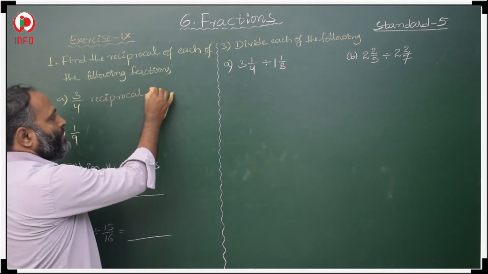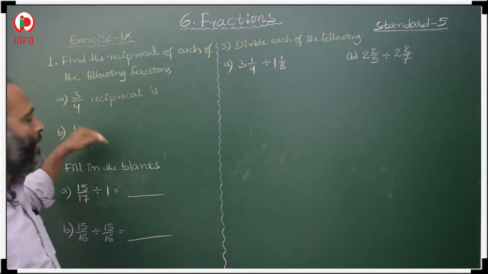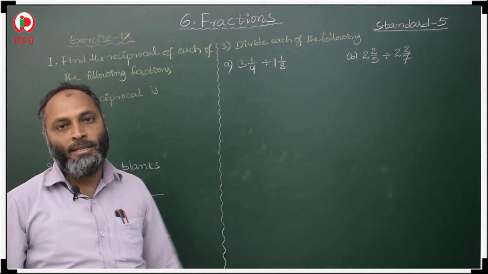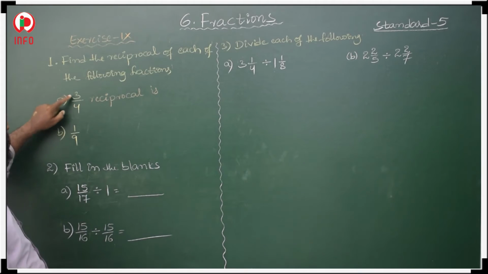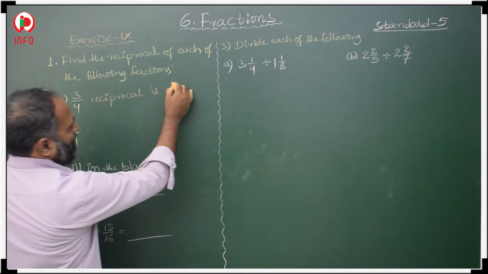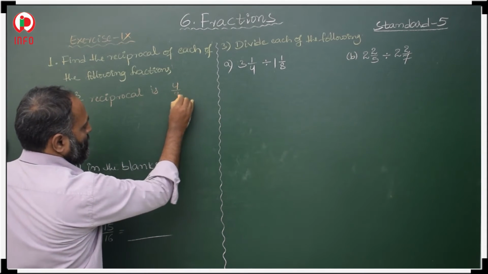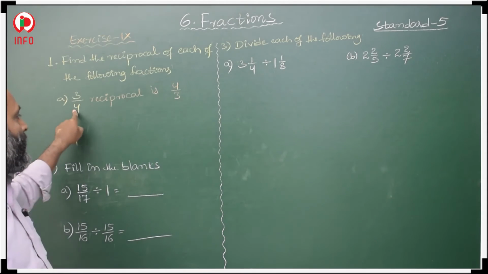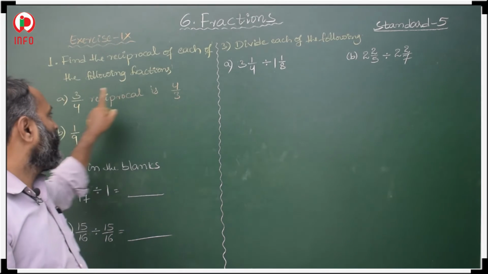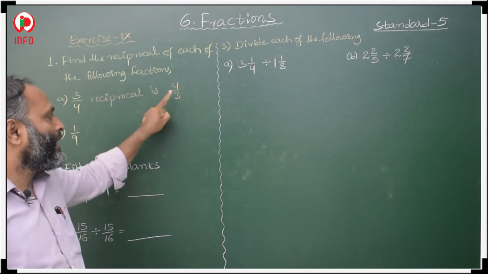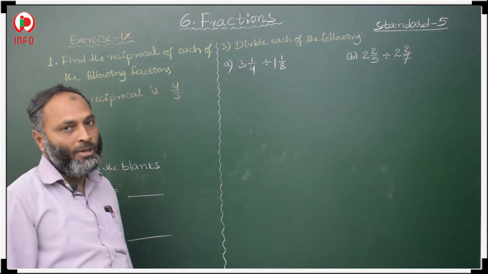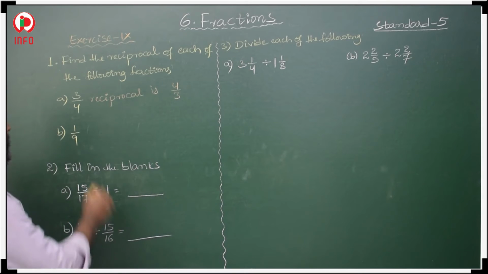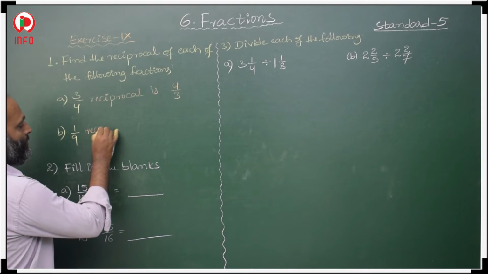We write the numerator as the denominator and the denominator as the numerator. Here 3 by 4 becomes 4 by 3. The 4 in the denominator we take in the numerator, and the 3 in the numerator we write in the denominator. This is what reciprocal means. Then the reciprocal of 1 by 9.